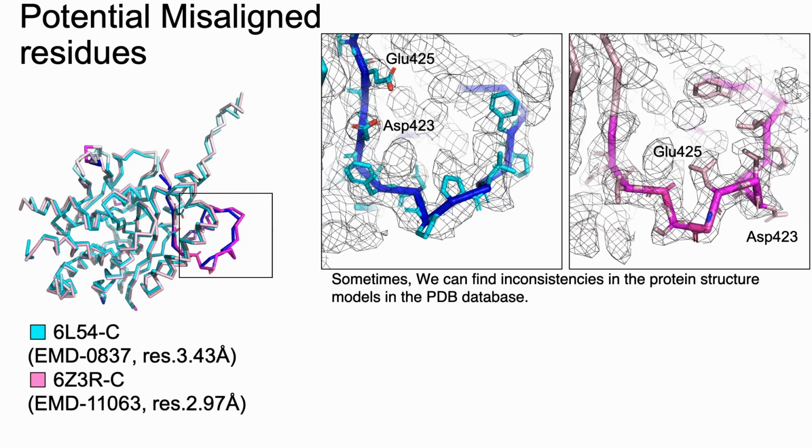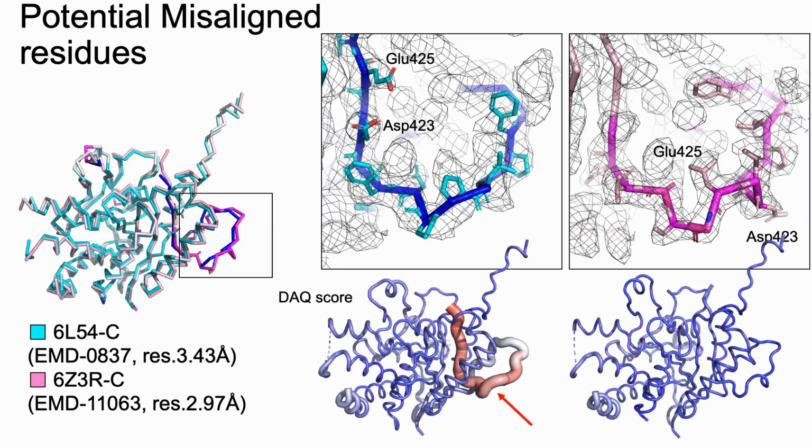We don't know which model is the reliable one. Well, both models are not reliable. If we use the DAQ score, it shows a significant difference at this position. The DAQ score shows red here, meaning these positions are highly likely to be wrong sequence assignments.